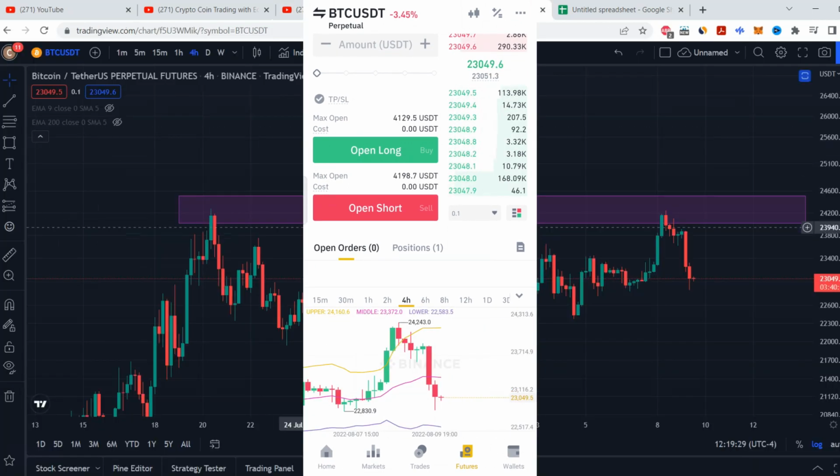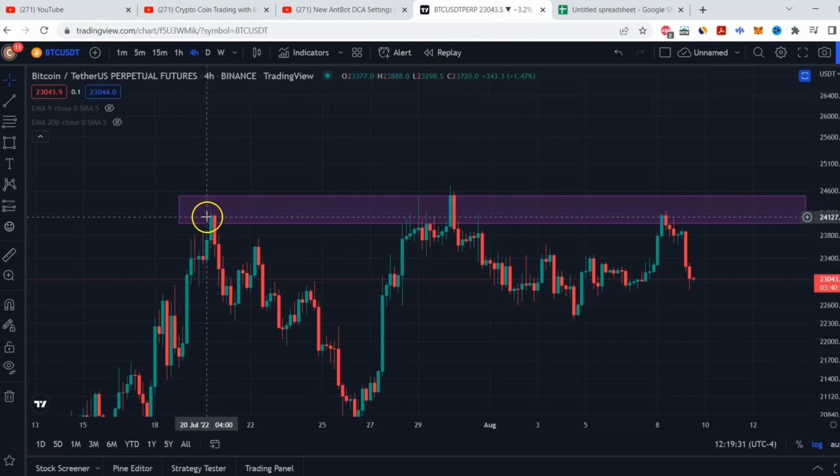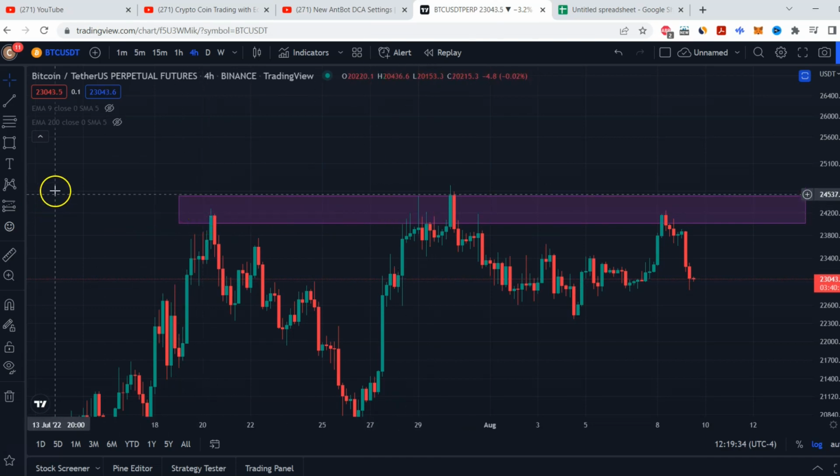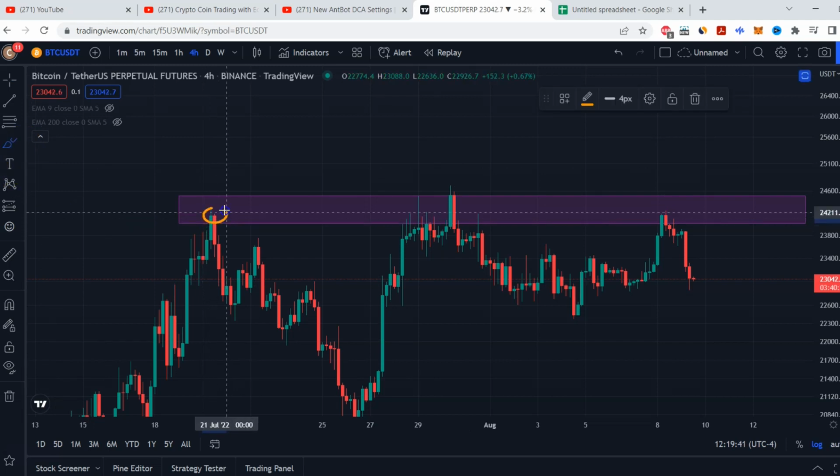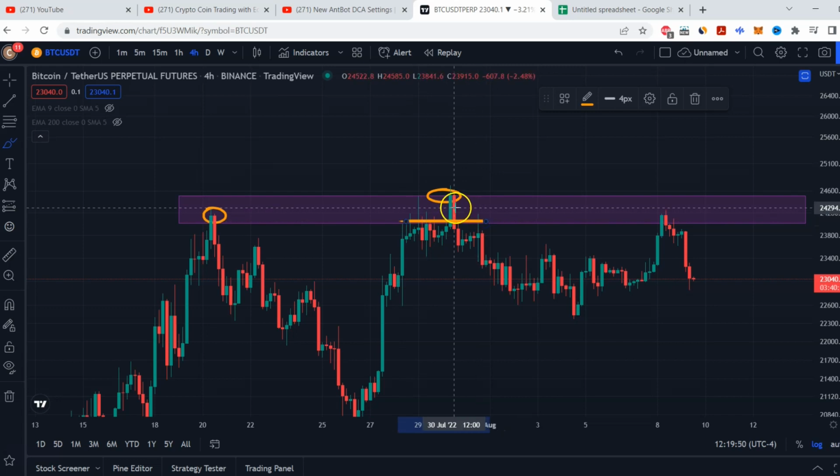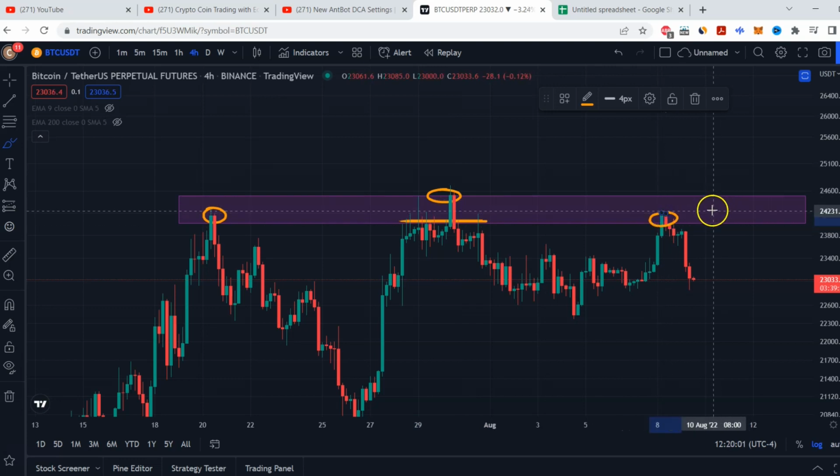I told you that 24K is a strong resistance level, because we tested once, we tested twice, we can even count this, right? You can see this is a very strong resistance. The price just couldn't push beyond 24,000, it rarely closed above it, and you can see we tested the third time and failed.